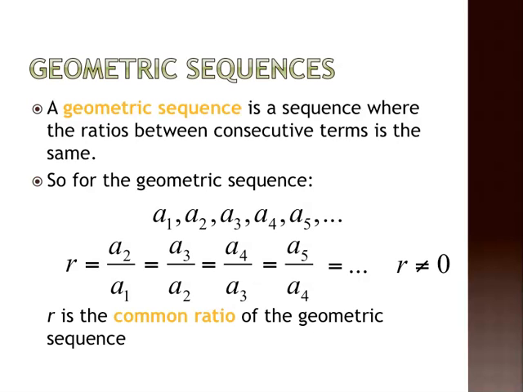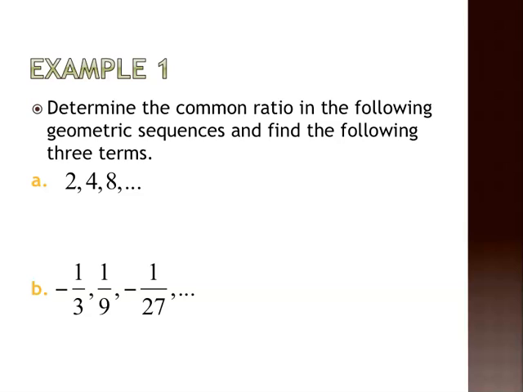Okay, so take a look at example 1. Determine the common ratio in the following geometric sequences and find the following three terms. Okay, so for the first example, it might actually be pretty easy to figure out what we need to multiply by in order to get the next term.